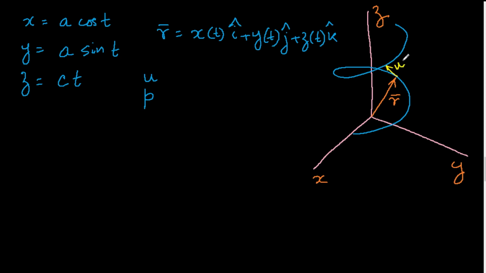So this is say u, and at that point the unit normal vector, say p. So these are all unit vectors, unit tangent vector and unit normal vector. So how to find them? Because in any of the NT coordinate system problem, you will have to figure them out, and we have been denoting them as epsilon t and epsilon n. So that's how we represent.